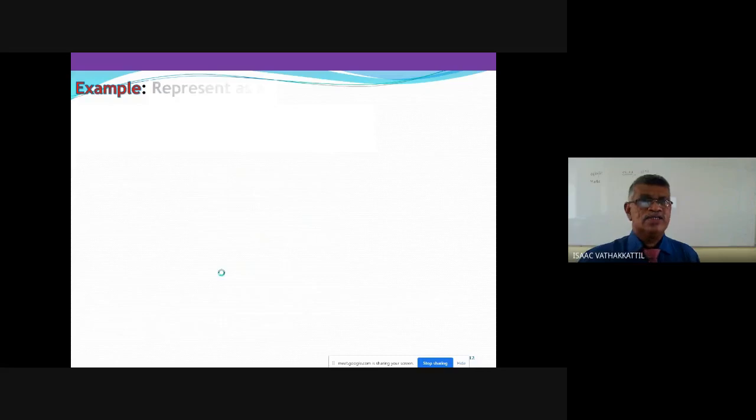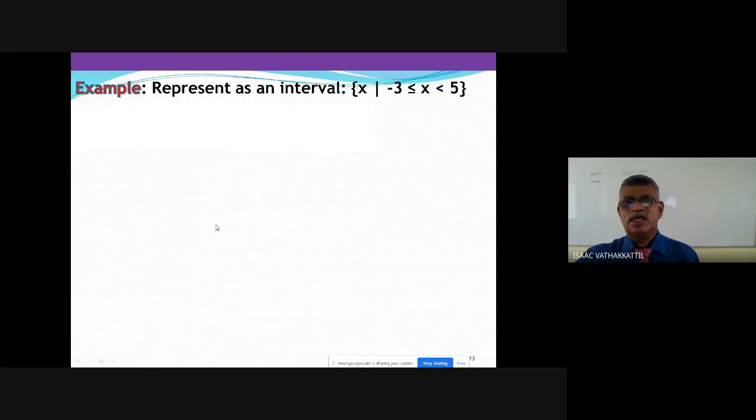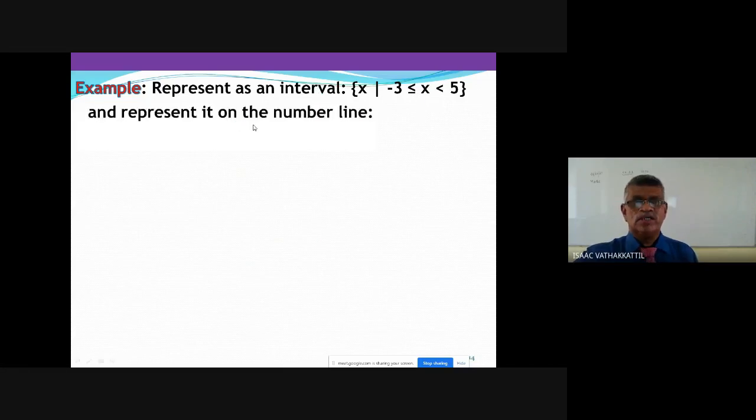Okay, let's take an example. Represent as an interval the given set of all x such that -3 less than or equal to x less than 5, and represent it on the number line. Set of all x belongs to R is obvious here by default.